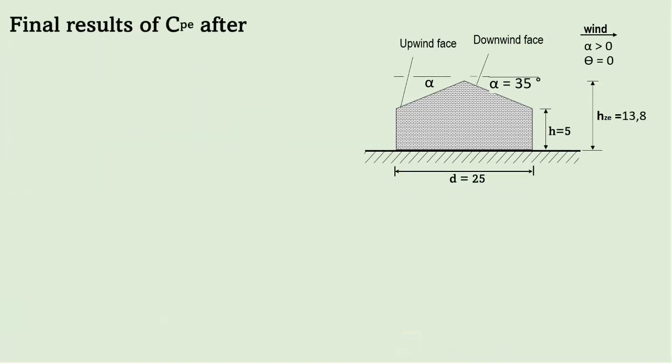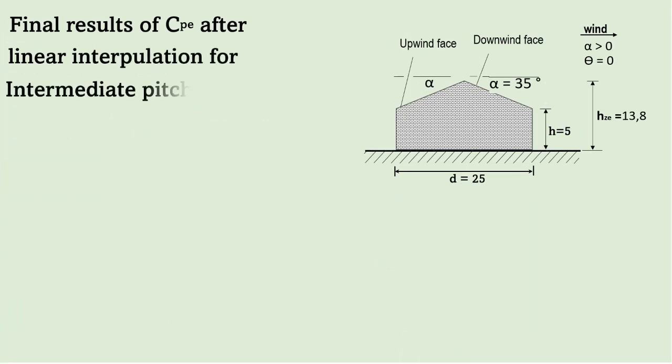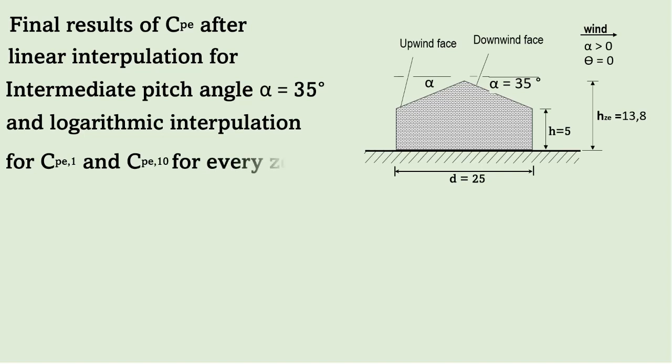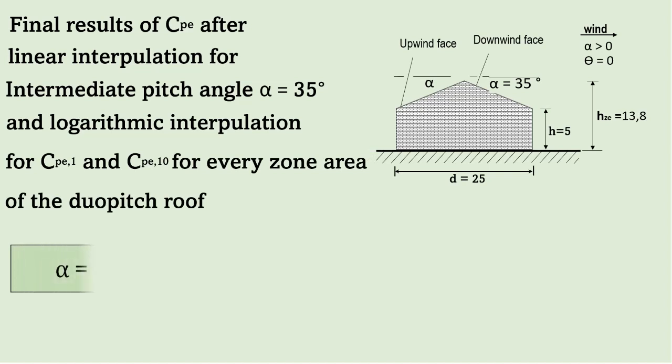Here is the final result of CPE after linear interpolation for intermediate pitch angle alpha, here 35 degree, and logarithmic interpolation for CPE1 and CPE10 for every zone area of the duopitch roof. CPE usually depends on pitch angle alpha.